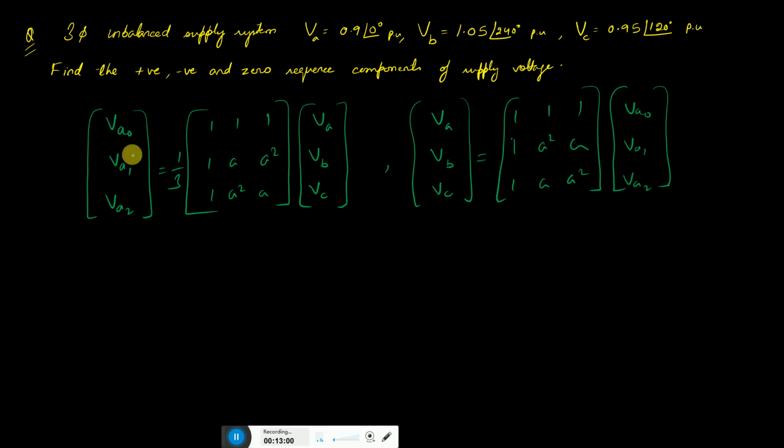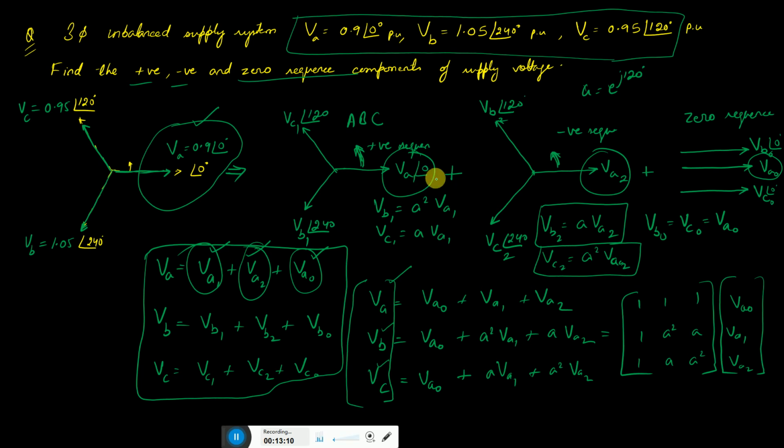The objective of keeping only one sequence is that if I know the zero sequence, positive sequence and negative sequence, then automatically we can get the other values, like if I know VA1, VA2 and VA0, we can calculate the others.